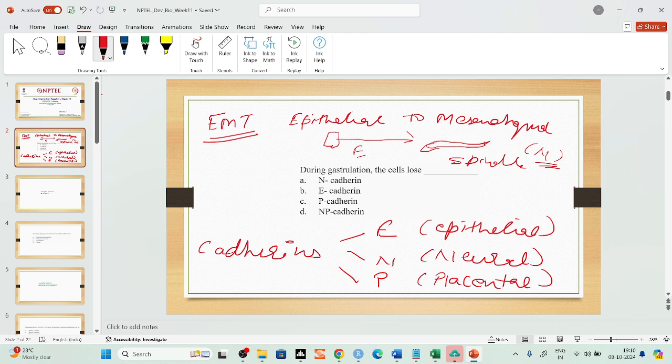Also remember that epithelial to mesenchymal transition is a general event. That means it is not only observed during gastrulation, it is observed in other stages and in other phenomena in the human body as well. One very important phenomenon in which this transition is observed is cancer.